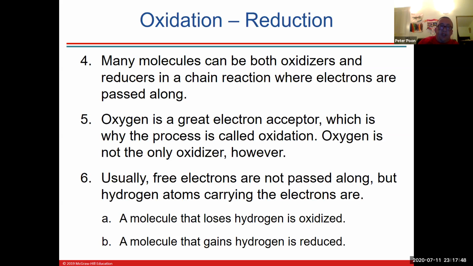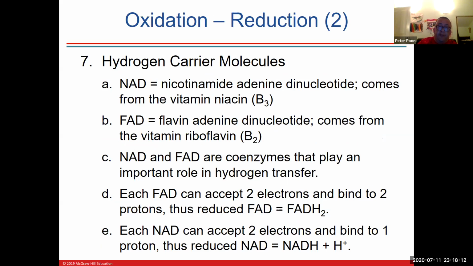Oxygen is a great electron receptor, which I'm sure you went over in microbiology. Usually free electrons are not passed along, but hydrogen atoms carrying electrons are. So a molecule that loses hydrogen is oxidized, and a molecule that gains hydrogen is reduced.